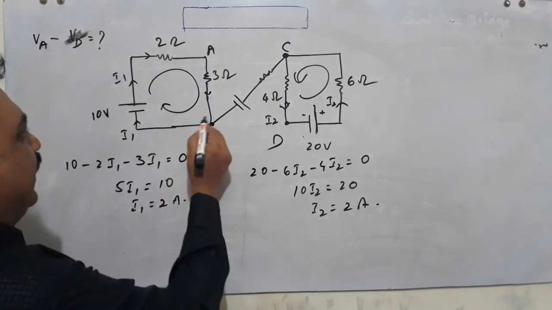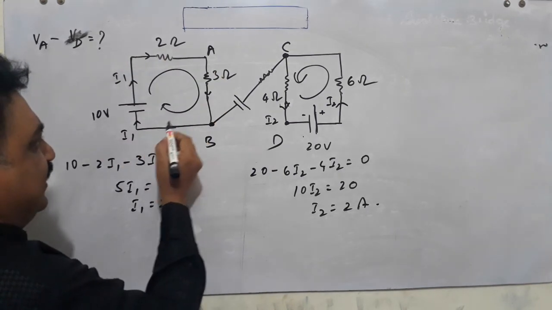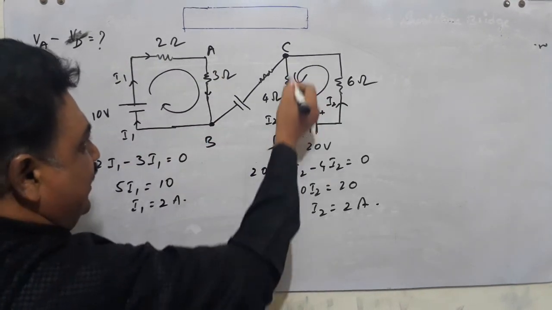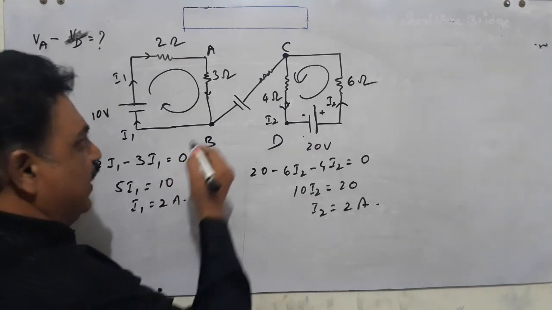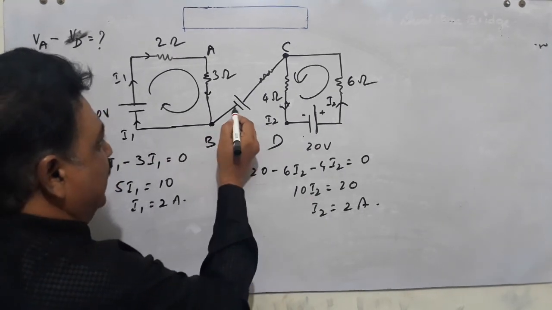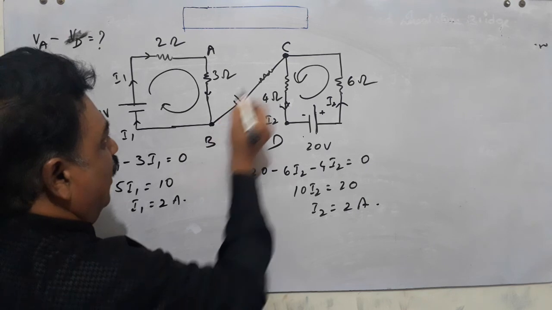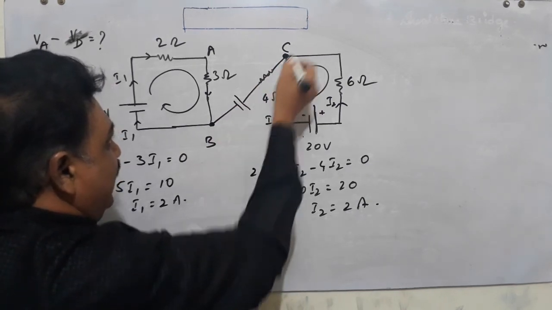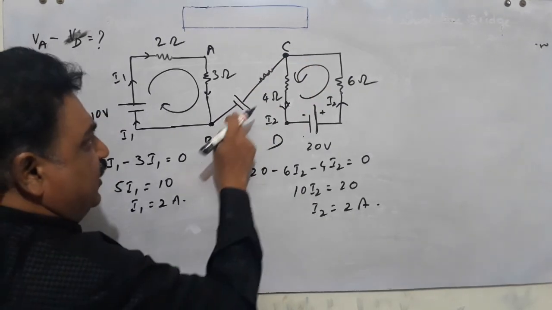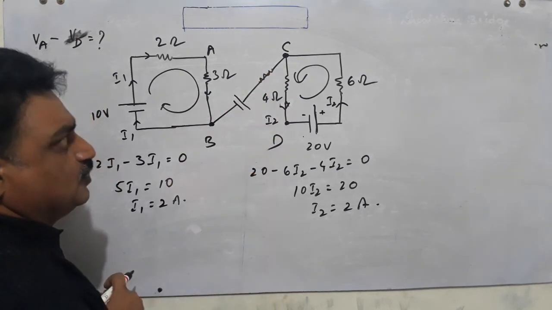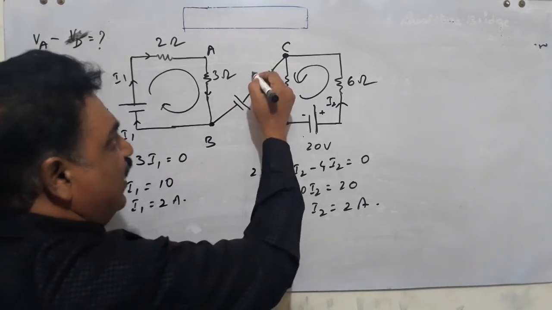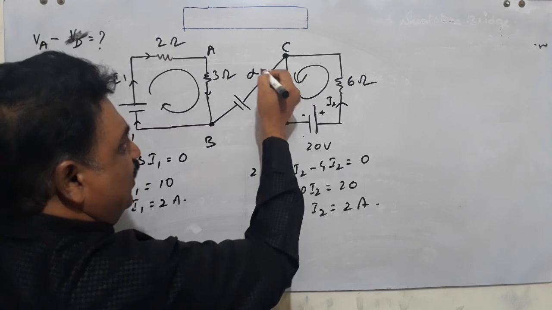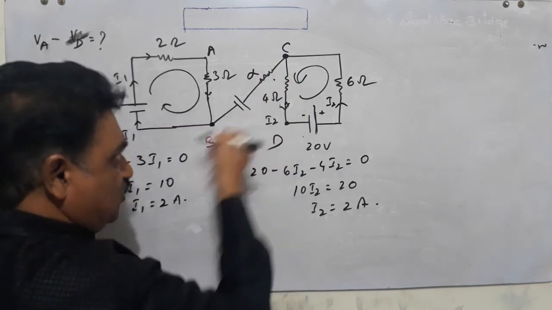See, here the current is flowing like this, here the current is flowing like this, but from this B or from this C, no current flows through this external resistor. So if there is no current, whatever the resistance may be, even if you take it as infinity, there is no current.